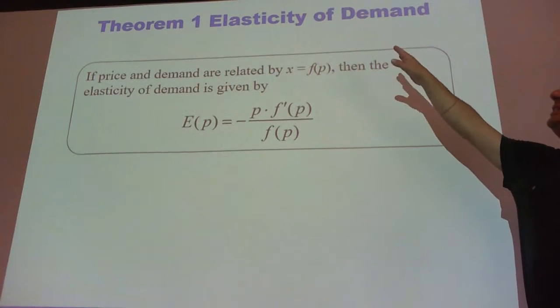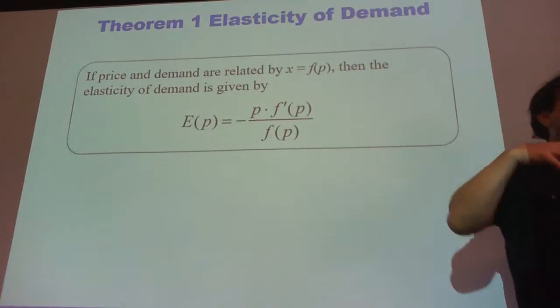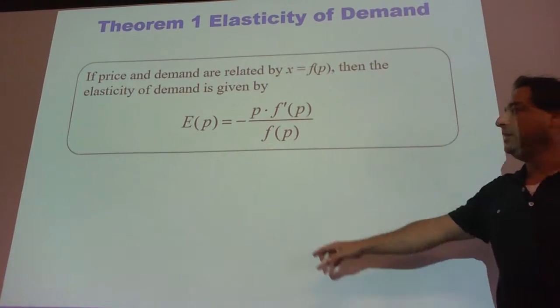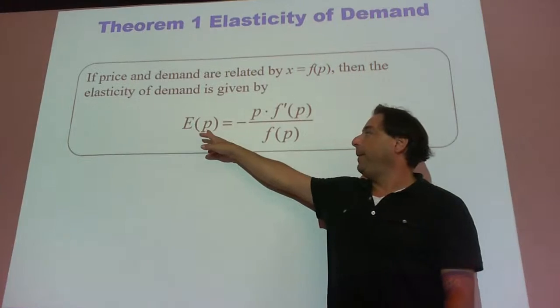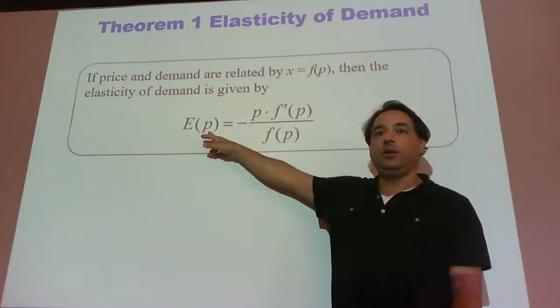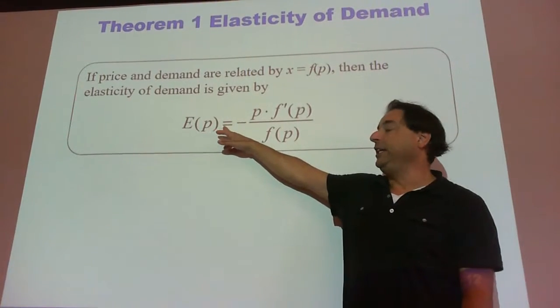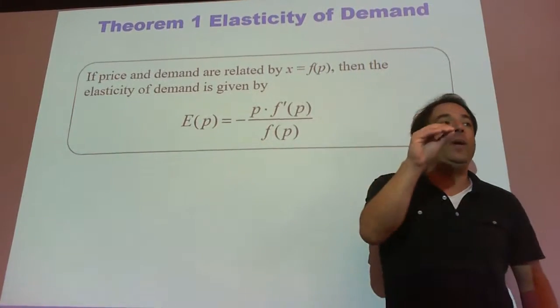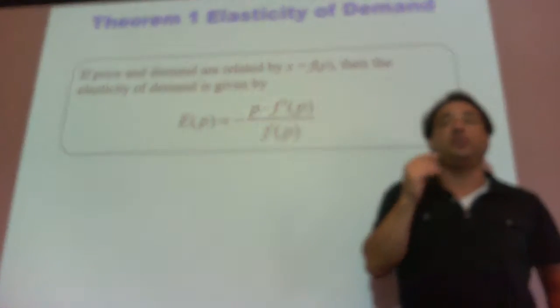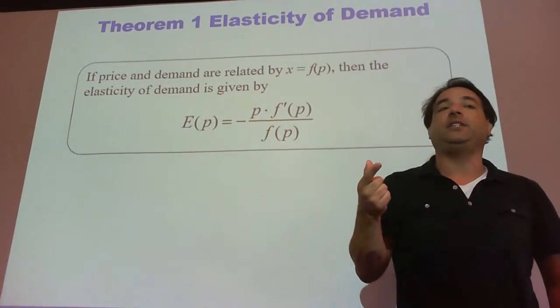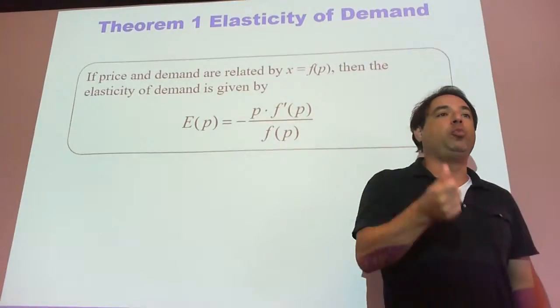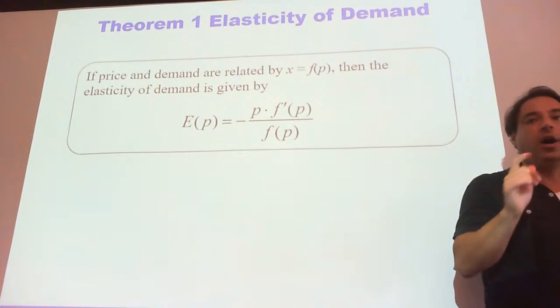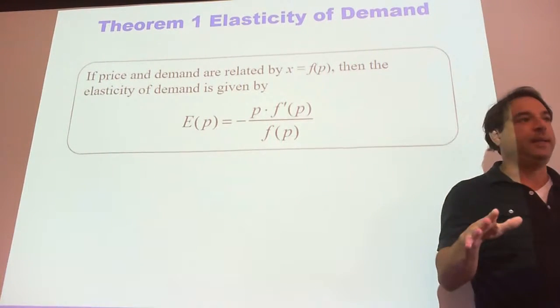To find the elasticity of demand, which is how sensitive your demand is to price, E of P, P stands for price, equals, okay? Negative. It always starts with negative. A nice way to remember that the formula always starts with negative: when you raise the price, what automatically happens? You lose people, okay?